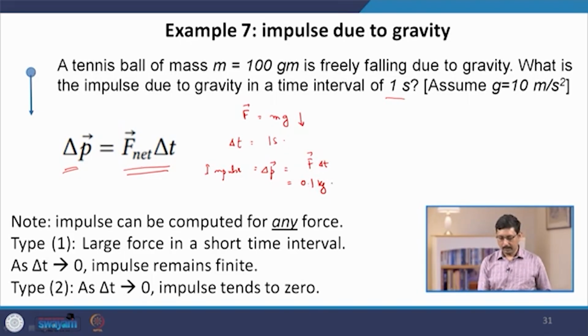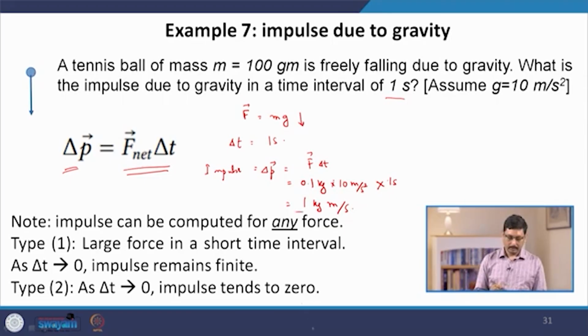So, 100 gram is 0.1 kg, times the acceleration due to gravity, times 1 second. I am deliberately writing the units, so that you can see that they also play a role in the final calculation. So, what we get is kg, with meter per second square in the denominator and second in the numerator. So, one of them gets cancelled. And 0.1 times 10 is 1, into 1 is 1. So, kg meter per second. So, the units check out.